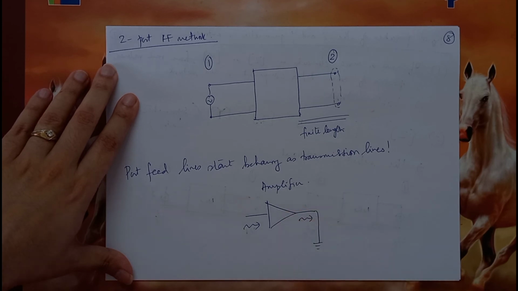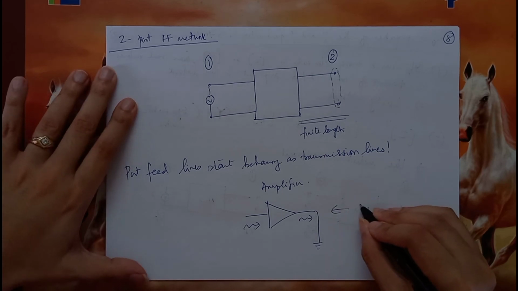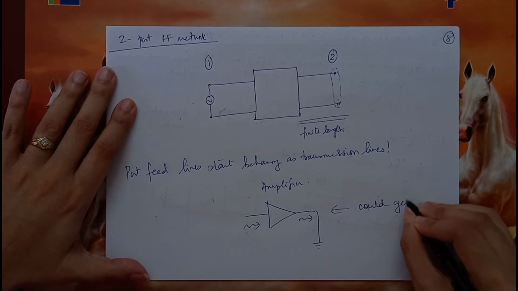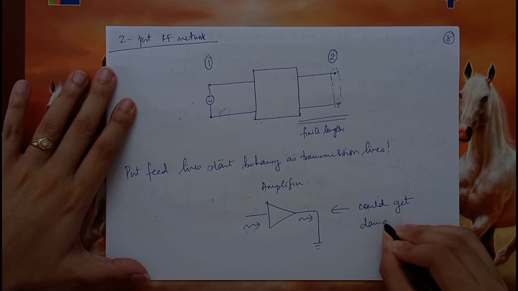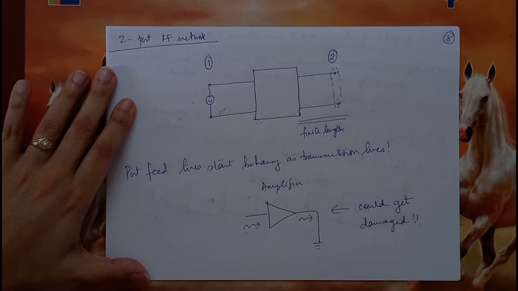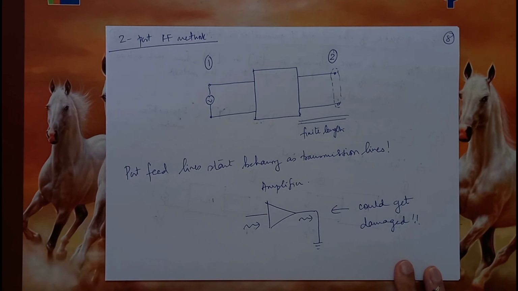Because if you ground the output of an amplifier, you are essentially loading it, and therefore it will try to draw very high current and the amplifier could get damaged. So again, open or short circuiting is to be done very carefully.